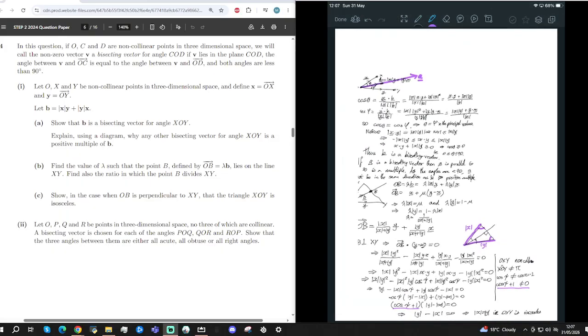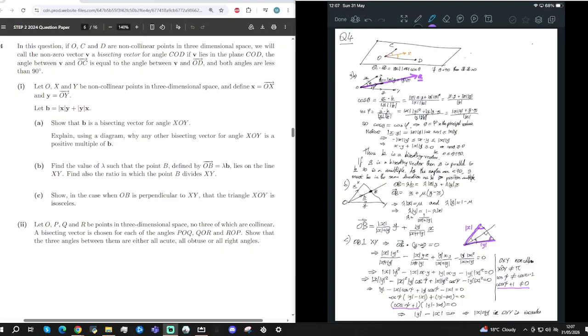Okay, that is, however, all of part I done. Let's just reflect on what we have done there. We've worked out the shape of a bisecting vector as mod x y plus mod y x. We found that we can scale it to make a triangle, so it lies on xy.